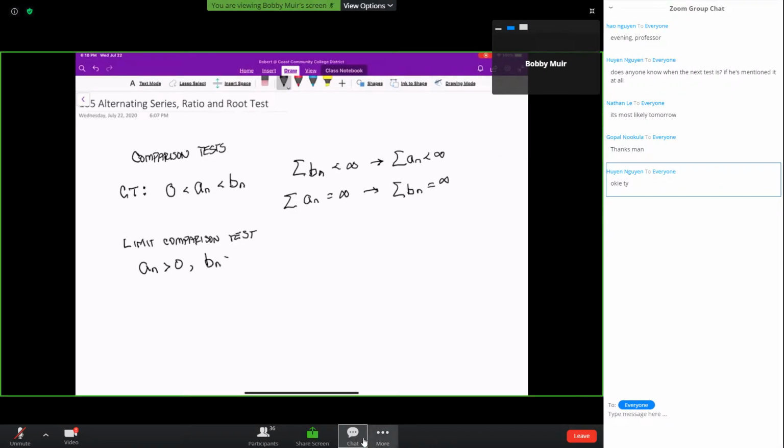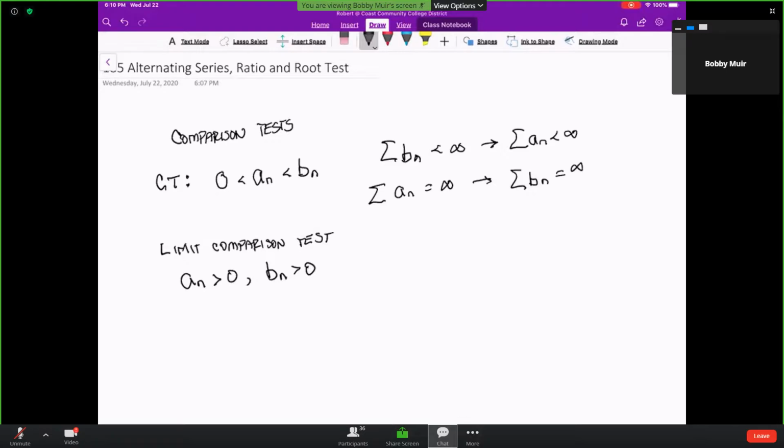If I have 2 sequences of positive numbers, and if the limit as n tends to infinity of this ratio, which is C, all it needs to be is a positive real number, then the two series a_n and b_n do the same thing.